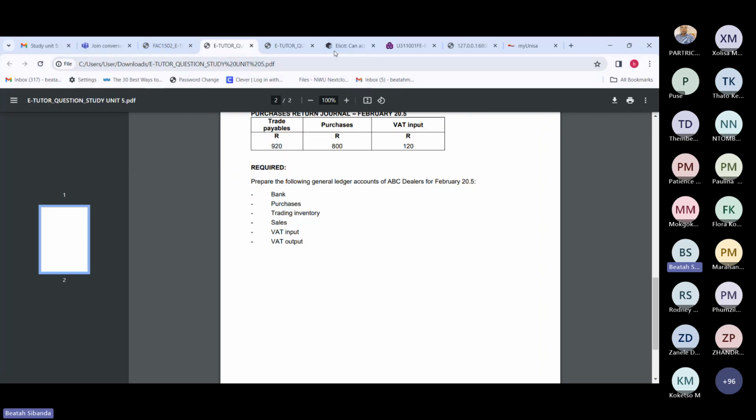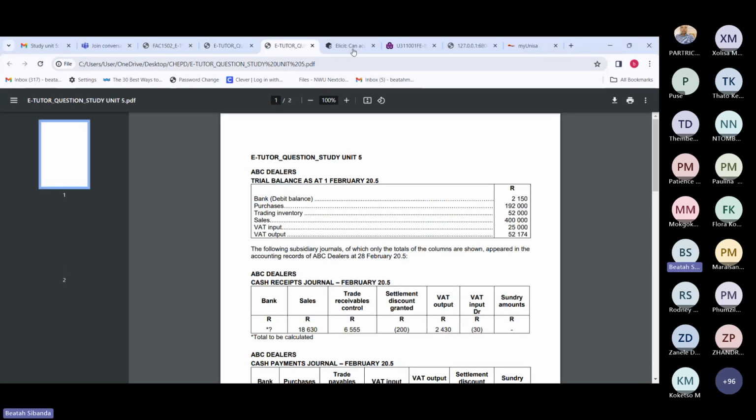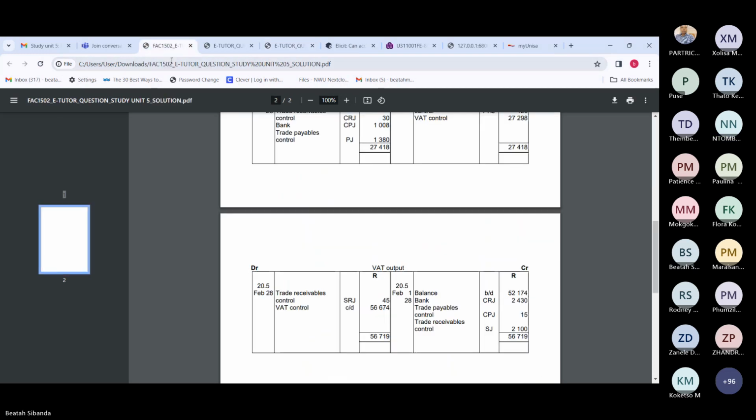If you go through your study guide, let's see if I have the study guide. I had it somewhere. Just bear with me. I'm just trying to find where I had it opened. Okay, I think it's here. Can you see my screen with the study guide? Not yet. I don't see anything. Can you see it?